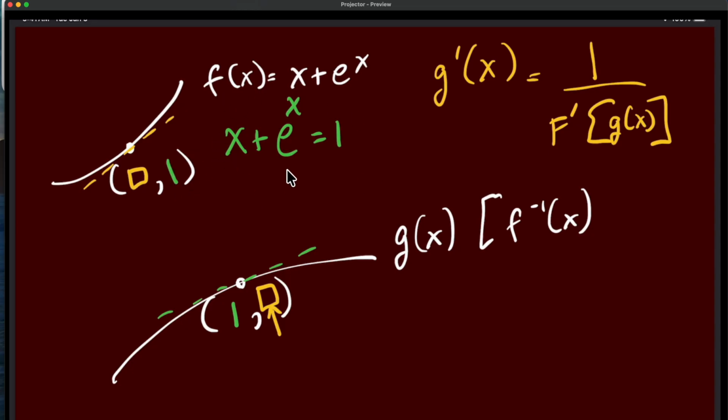Now, folks, this is hard to solve, and really the only way to solve this is by inspection. So we see that if x equals 0 and you have 0 plus e to the 0, this is going to be 1, and that x has to be 0. So let's go ahead and replace that golden box with 0.